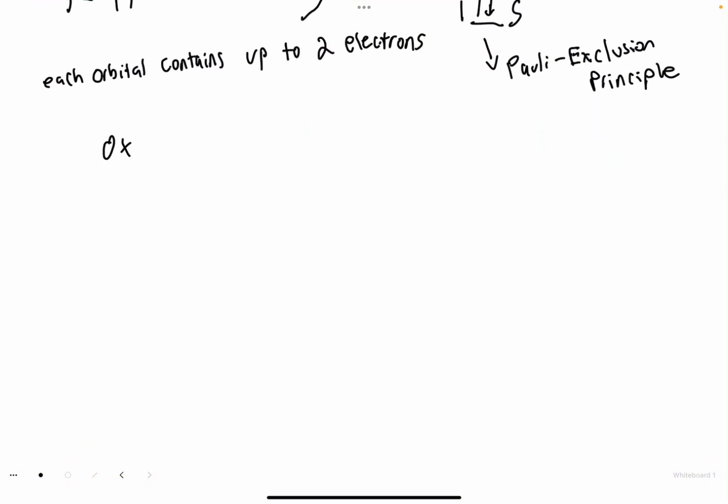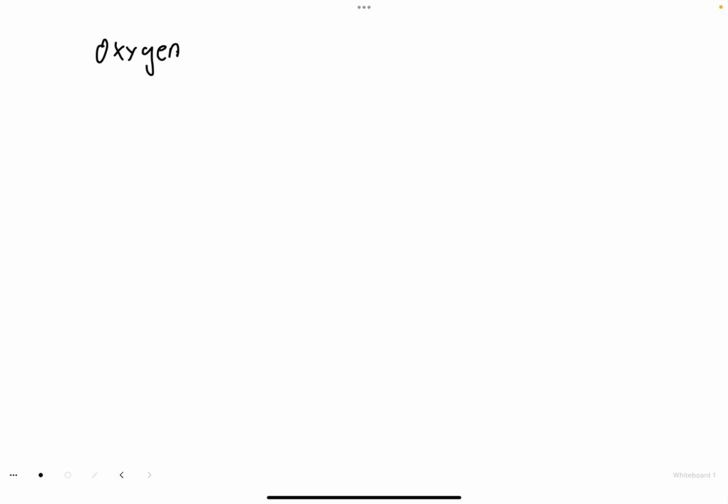Let's say we want to find the orbital diagram of oxygen. We always start with 1s2. So in 1s, there's going to be 2 electrons in the S sublevel, and we have 1 orbital.